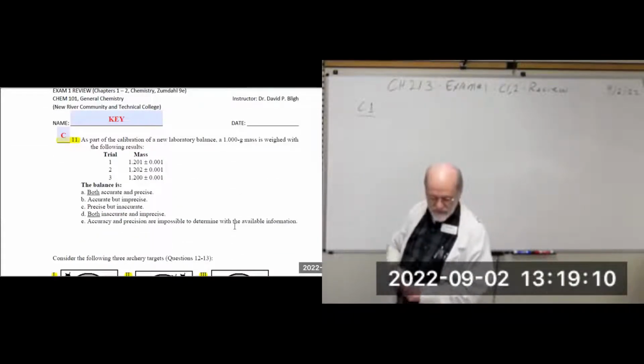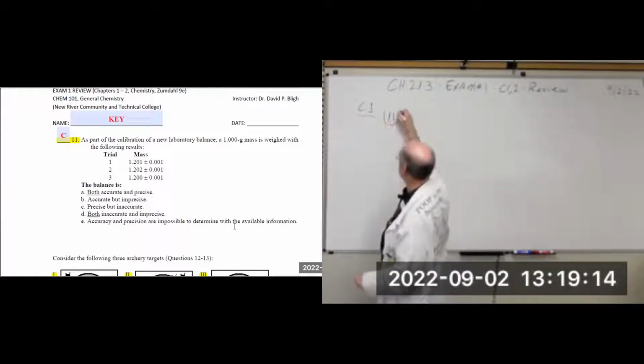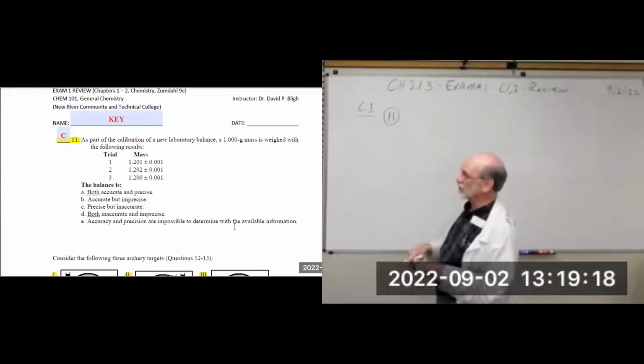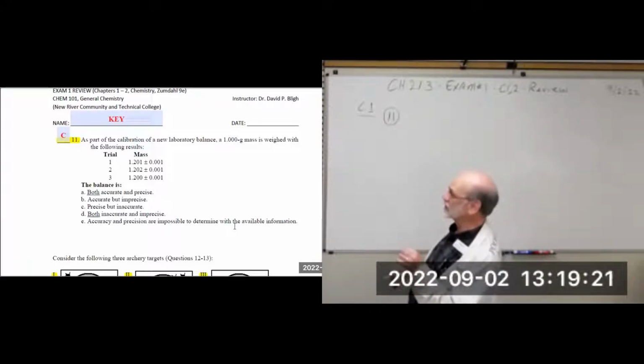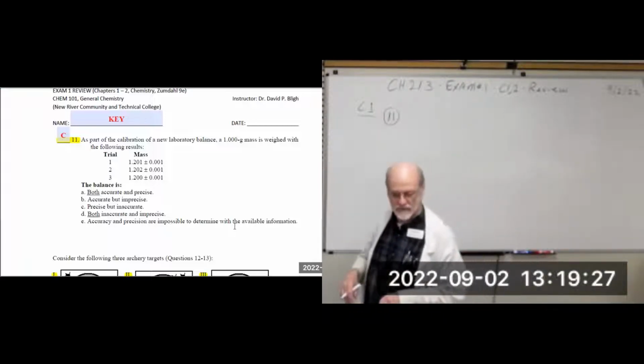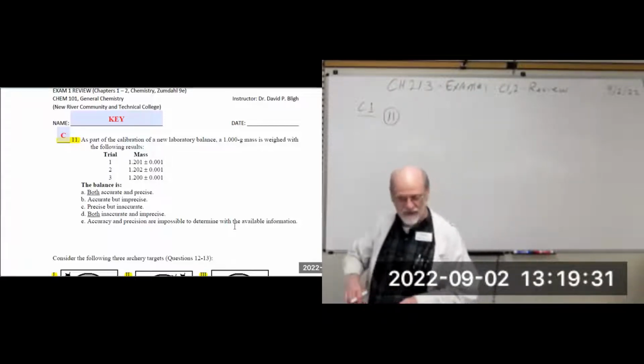All right. This is a good one, 11. As a part of calibration of a new laboratory balance, a 1 gram mass is weighed with the following results. So we're taking liberties with the words here. It's weighed, sort of. We're actually determining its mass, right?